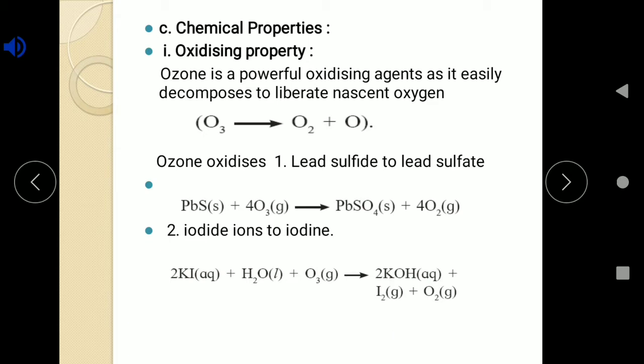This is again an oxidation reaction. Potassium iodide on treatment with ozone in presence of moisture gives you potassium hydroxide, iodine and oxygen. So this is the second example of oxidizing property of ozone.